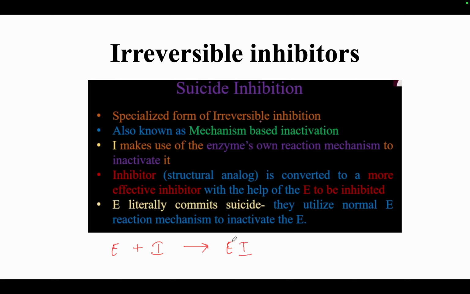And during this interaction, the enzyme will modify this inhibitor. There will be some modification on the inhibitor by the enzyme, and this modified inhibitor will now inhibit the free enzyme.